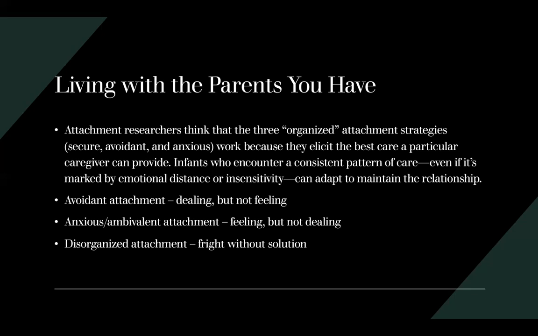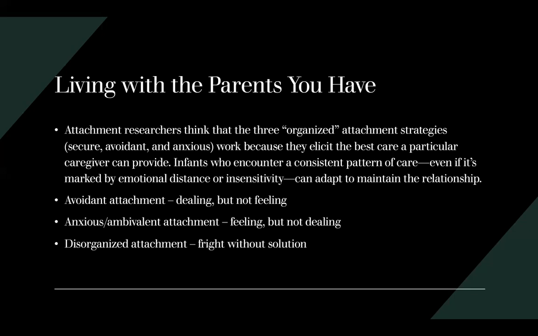So with avoidant attachment, as this child grows, they deal with whatever is going on, but without feeling it. They're not really attending to it. They look detached. They look like they really don't care. And this is generally due to having their needs not attended to at all.